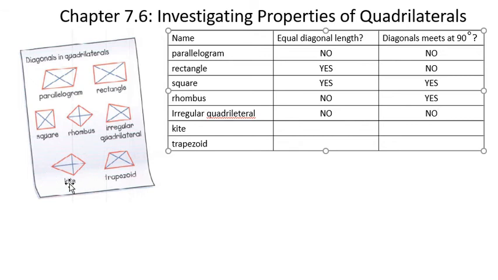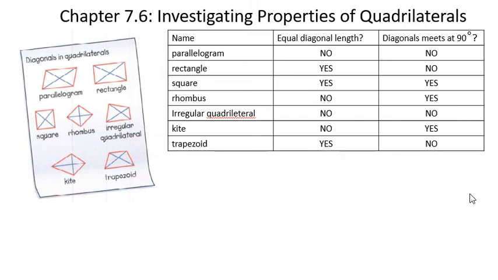Here is a kite. For a kite, they meet at 90 degrees, but they do not have the same length, so that would be a no. And here we have a trapezoid. The trapezoid's diagonals do have the same lengths, so this line and this line are the same, but they do not meet at 90 degrees.